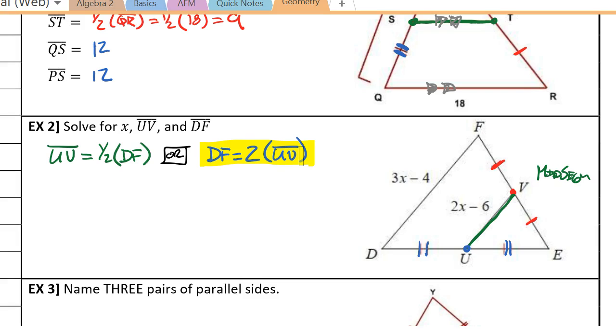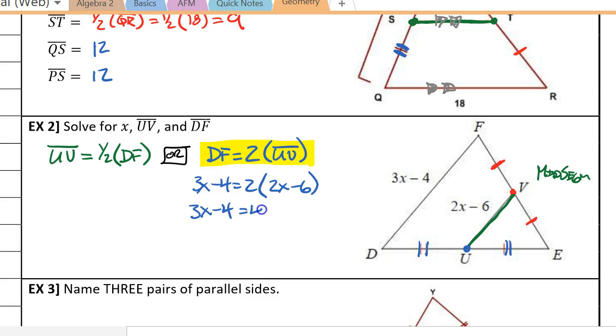Doesn't really matter which one you use, but I'm going to go ahead and start off with this. So DF I'm given as the expression 3x minus 4, is equal to twice UV, which in this case is 2x minus 6. So I can go ahead and simplify this down by distributing. Now I'm going to go ahead and solve. Subtract 3x, add 12, gives me 8 is equal to x.